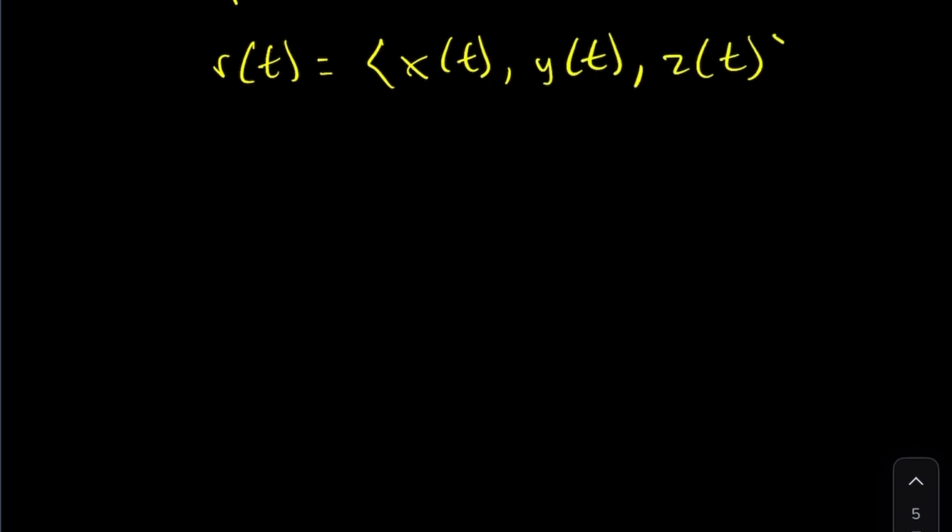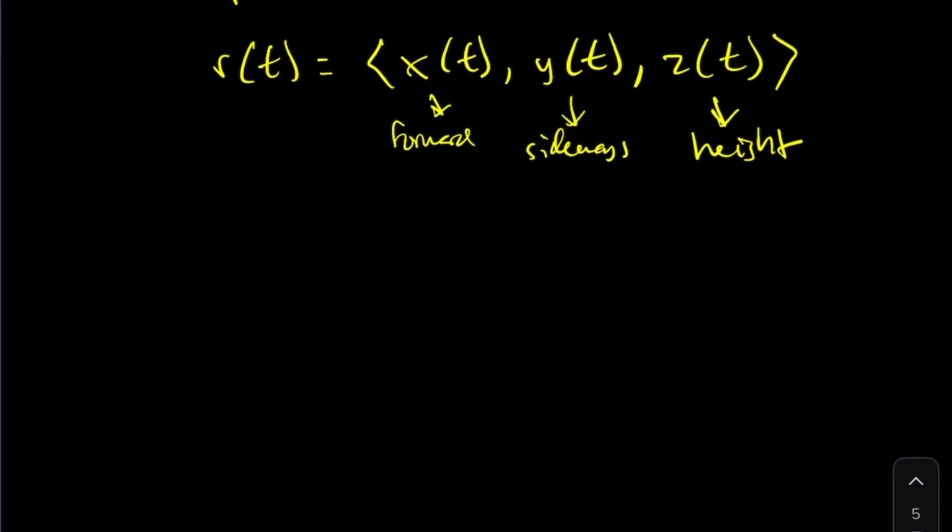And here's the general form of the vector function: r(t) equals (x(t), y(t), z(t)). We can say x is forward distance, y could be sideways, and z the height.